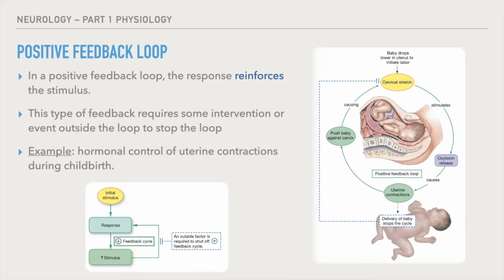And the increased stretch causes more oxytocin to release, which causes more contractions that push the baby harder against the cervix. So this is the vicious cycle that I mentioned. And this cycle goes on and on until the baby is finally delivered, and this is the outside event of the loop that I also mentioned.